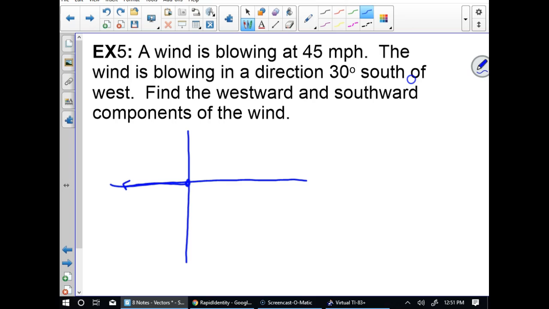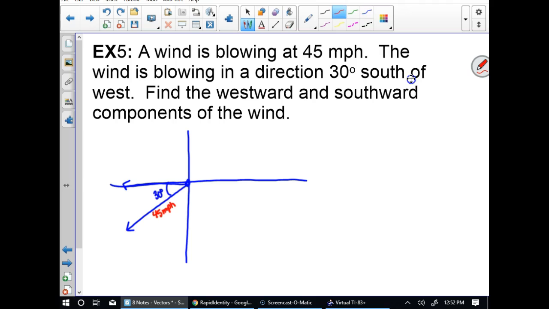But it's going to the south of west here. So your 30-degree angle would be right here, and you know that that is 45 miles per hour.